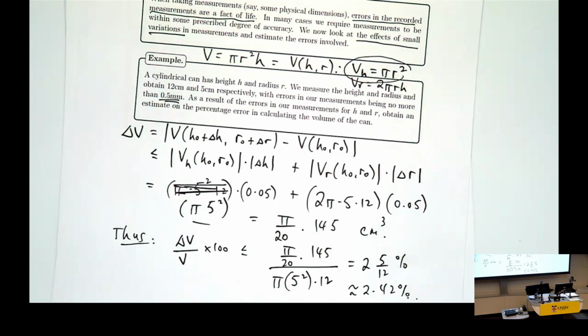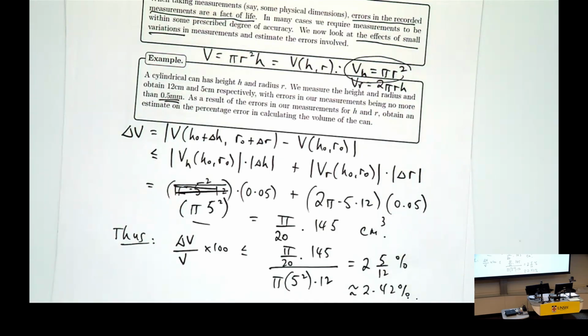That's pretty small. So is 2.5%, is that okay? As a sort of percentage error? Is it okay? Does it sound large to you, or does it sound okay? You're not sure, right? You're not sure what the expectations are, I guess. It feels a bit small. Yeah, okay. 2.5% error.